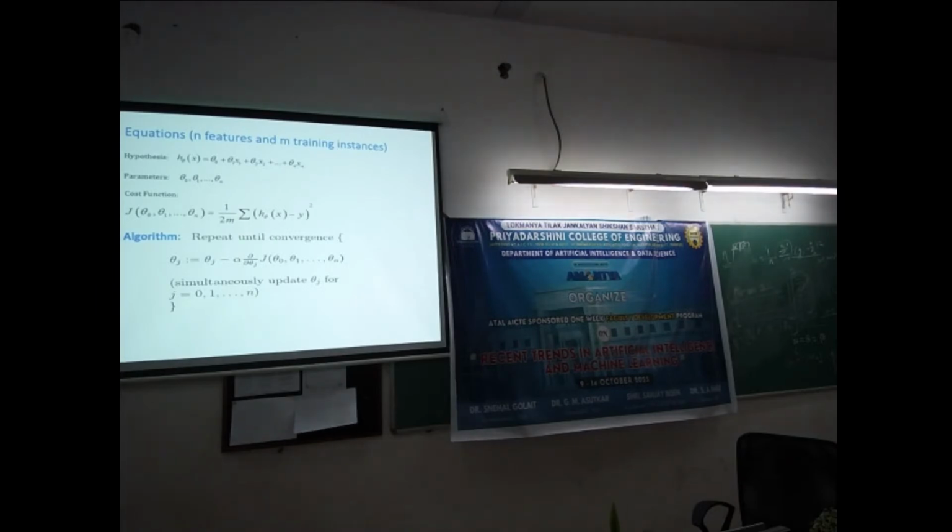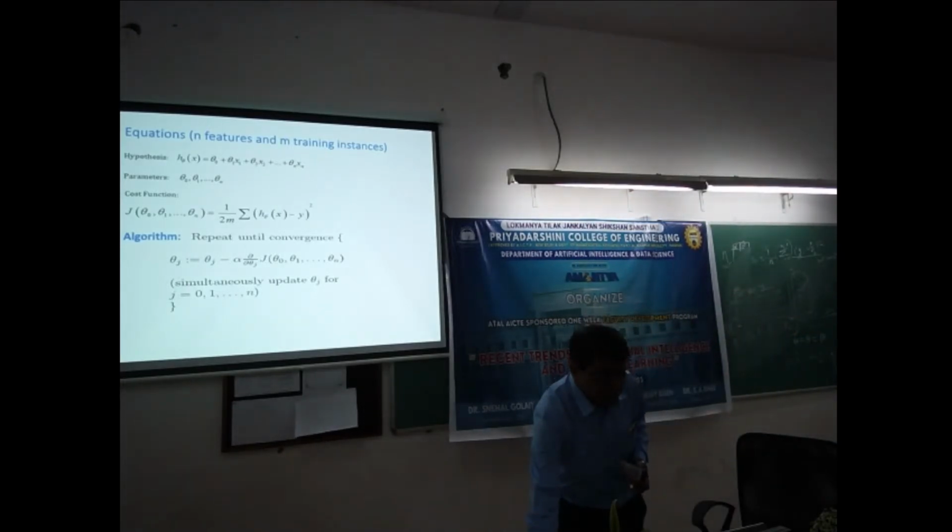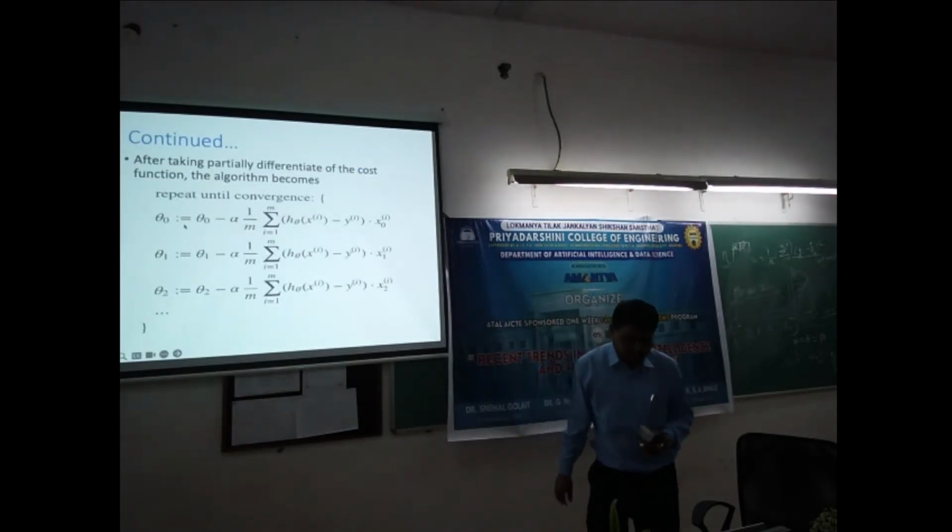So you can simultaneously update theta j for j equal to 0 to n. So theta 0, theta 1, theta 2 will be continuously updated because now there are n parameters. So these steps are actually n number of updates. In the previous case there were only 2 updates, here there are n updates like this.